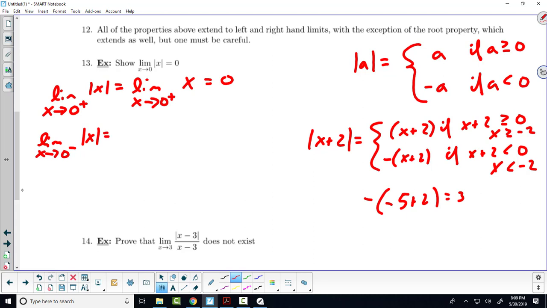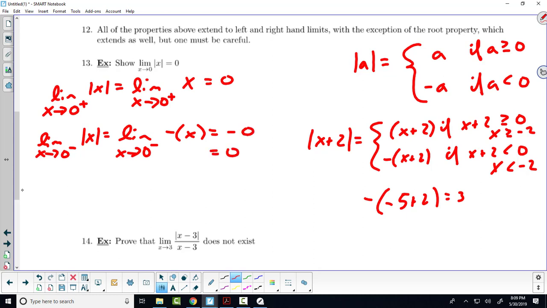So this is equal to the limit as x approaches 0 from the left of negative x. What did I do? I just changed the sign on all of the stuff inside the absolute value. But what is the function negative x? It's a nice polynomial function. What can we apply? Direct substitution property. This is equal to negative 0, but what's negative 0?